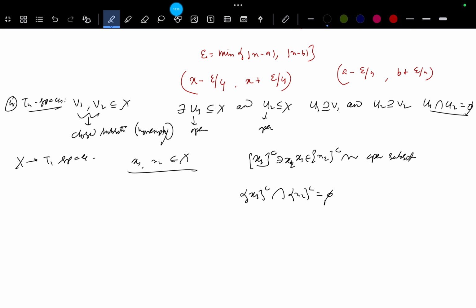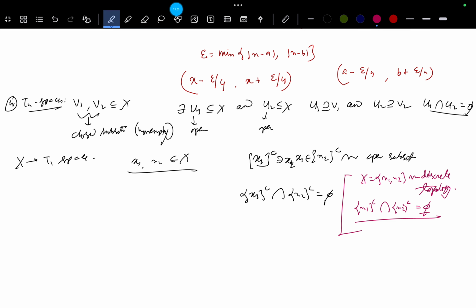The special case one can readily cook up is to consider X to be a two-element set like this and impose the discrete topology. Then we can easily say that x1 complement intersection x2 complement has to be the empty set, right?